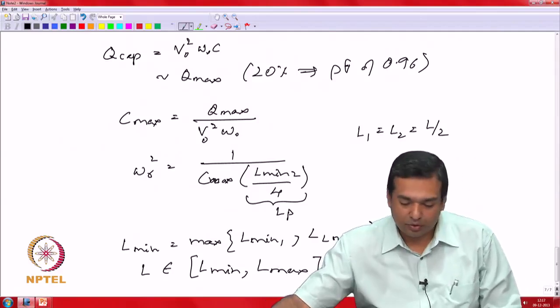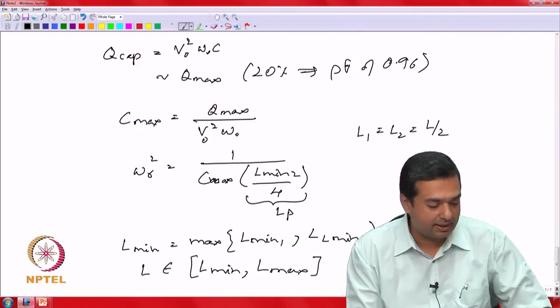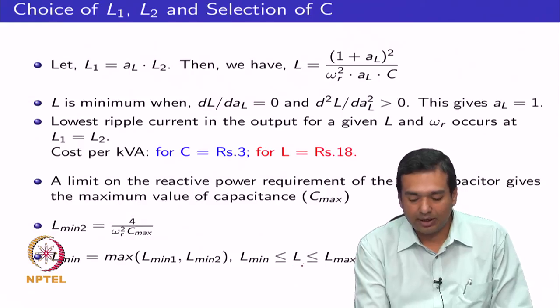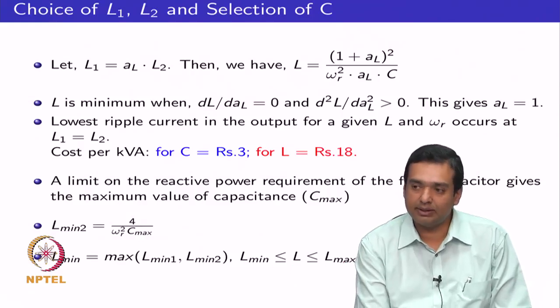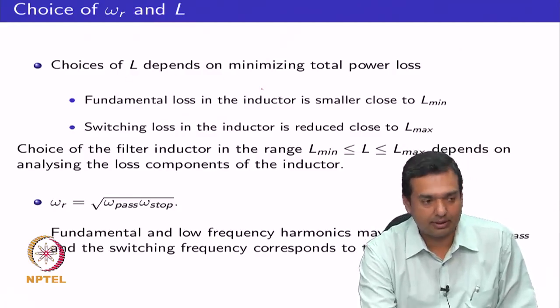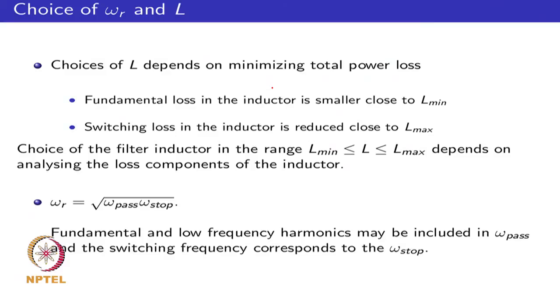Another question is how to go about the selection of the value of the inductor in this range between minimum and maximum. The actual choice of the value of L could be based on minimizing the power loss in your filter. The power loss at the fundamental frequency plus the power loss at the switching frequency is what you are trying to minimize.